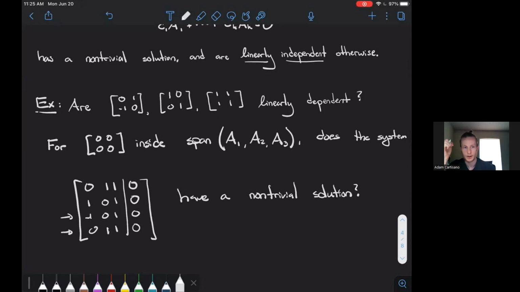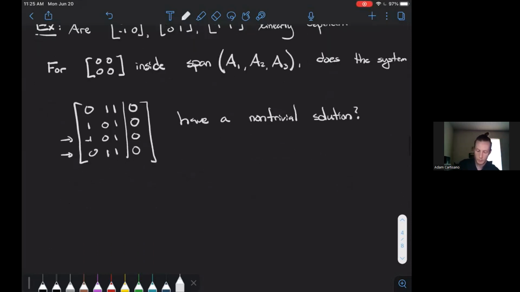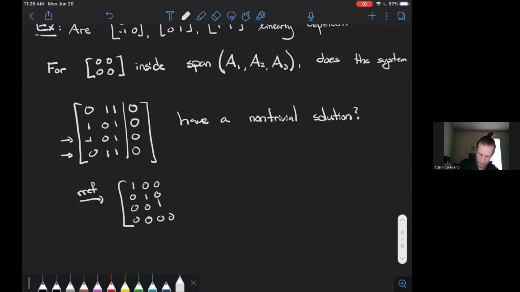The rank is the number of rows that have leading variables. In order to get a free variable, we're going to need 2 rows of zeros in the reduced row echelon form. But remember, when we row reduce this thing, we end up with just this matrix, the one that has the 3 ones on the diagonal and zeros everywhere else.